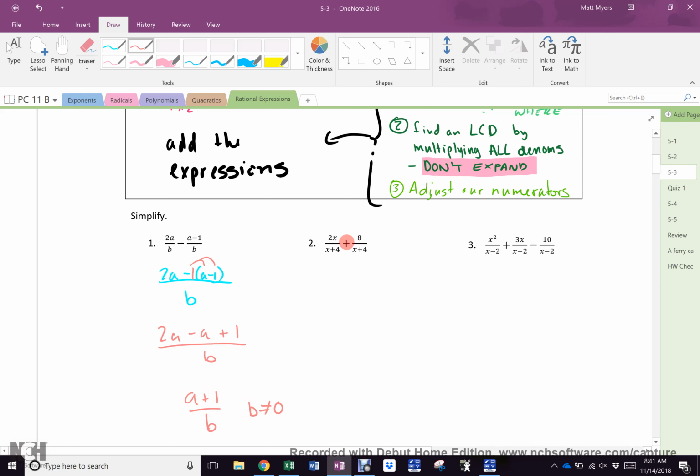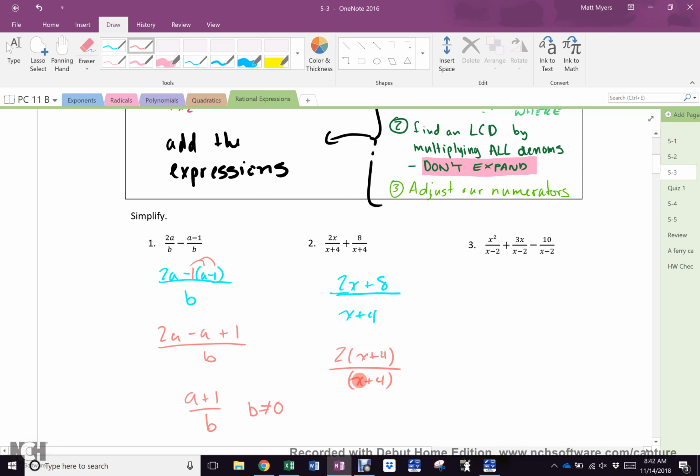All right. Next one. Do we have a common denominator? Yeah. What is it? X plus 4. So it's 2x plus 8, correct? Okay. What should I do now? Factor, factor, factor. Where do I factor? What comes out? 2(x plus 4) over x plus 4.